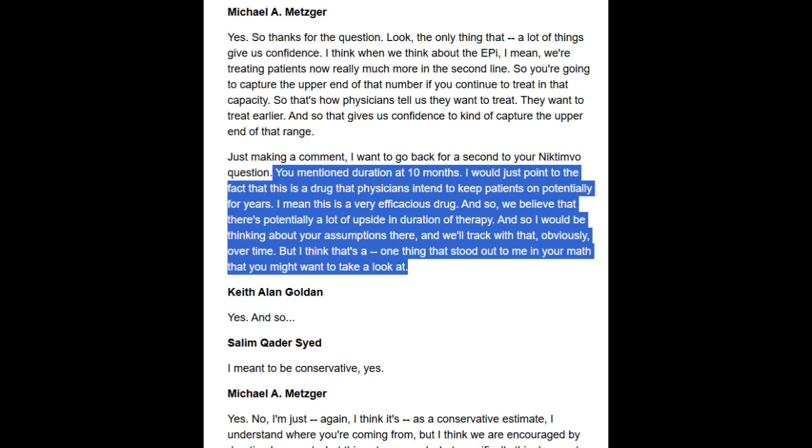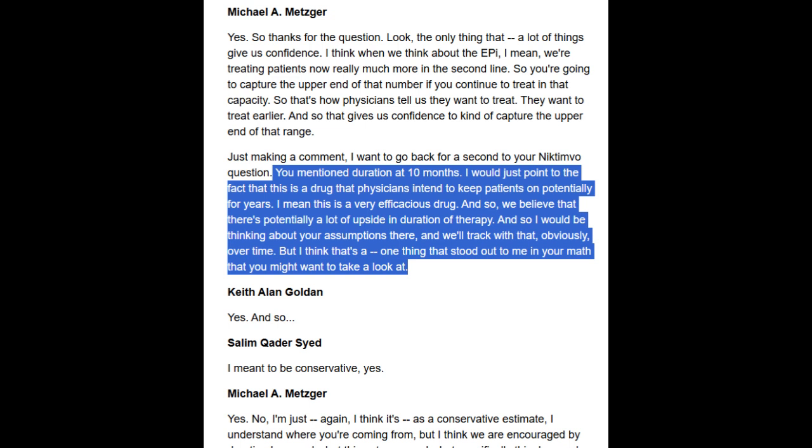So in other words, when Syed said, I think that the street's estimates are incredibly light, because if you model out Niktimvo's annualized run rate currently, next year implies no growth at all, management responded by saying, your math is wrong because you're aiming way, way too low.